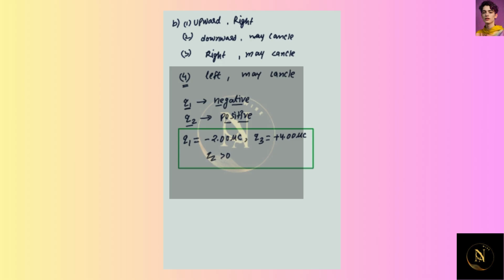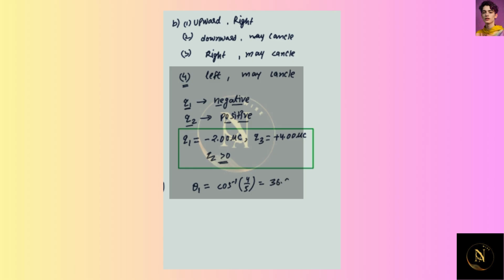Now moving to part C, in which we will determine the magnitude of charge Q2. In part B we determined only its sign. Case 4 is the right one, so the vertical forces must be equal in magnitude and opposite in direction.